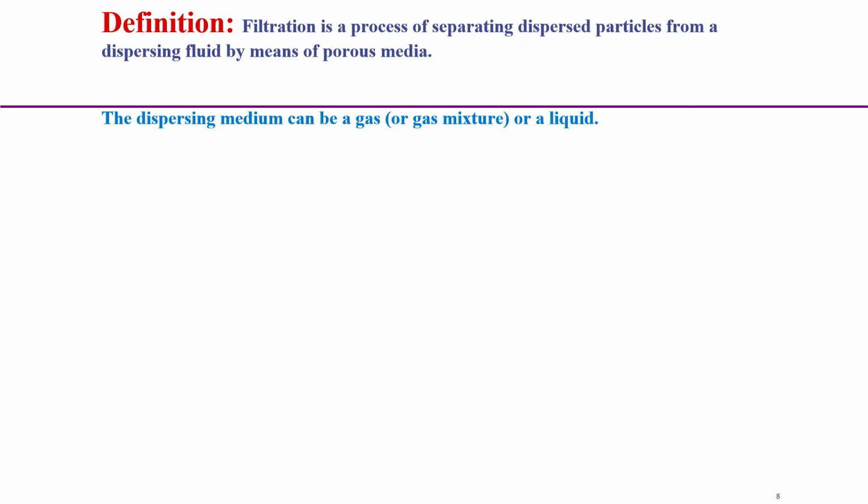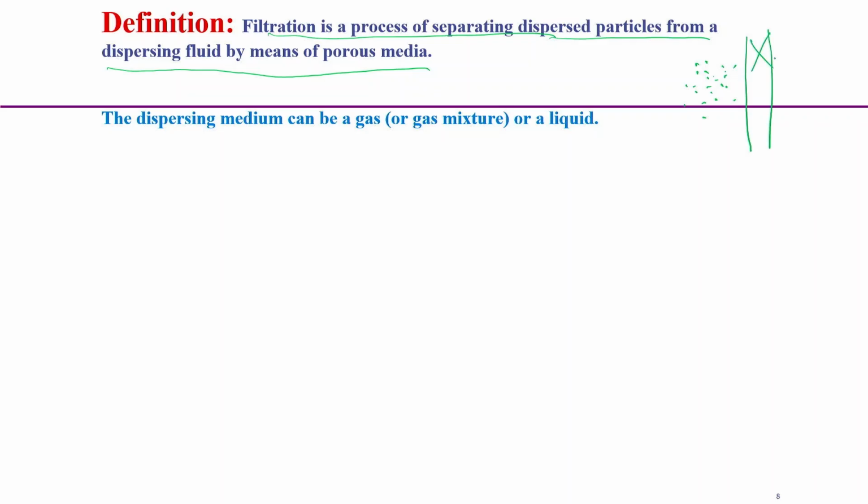So, the definition is, it is a process of separating dispersed particles from a dispersing fluid by means of a porous medium, that is the filtration. We have dispersed particles, like in air the particulate matters are there, and we are using one porous medium.